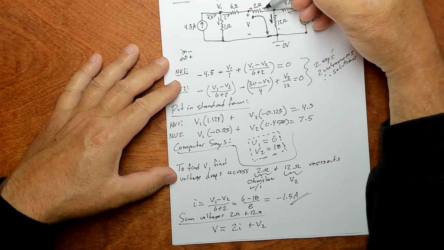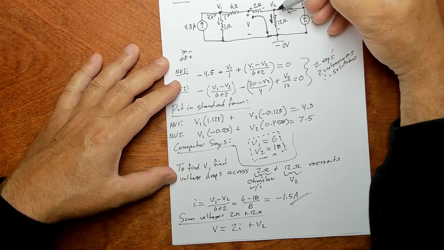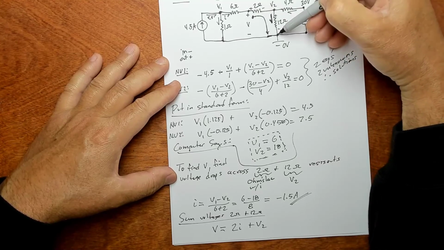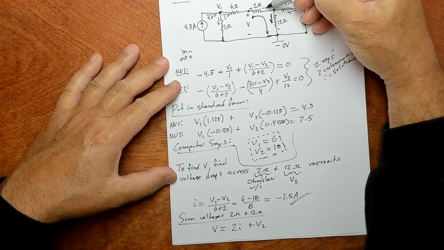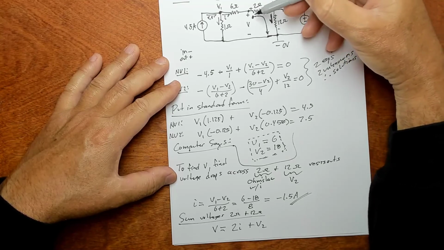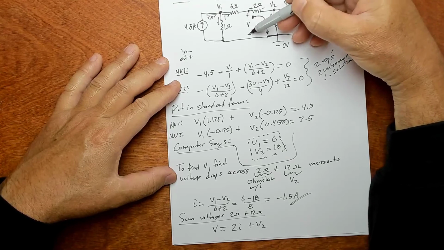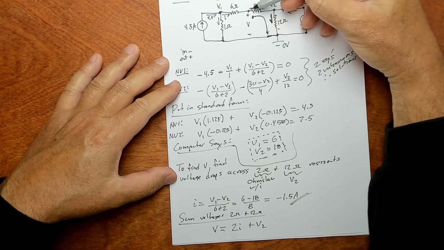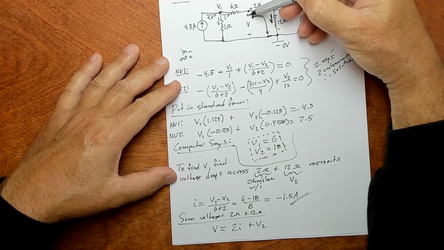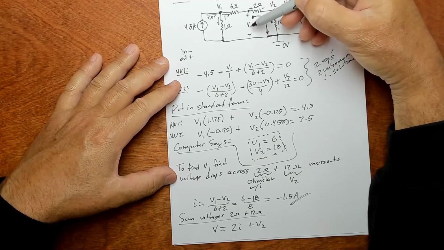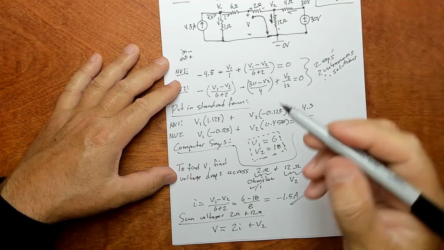It's 2I by Ohm's law, and then V2. Just using the plus minus, those sum to V, right? There's a drop here from plus to minus, and then a drop here from plus to minus. That gives you V with a drop from plus to minus.